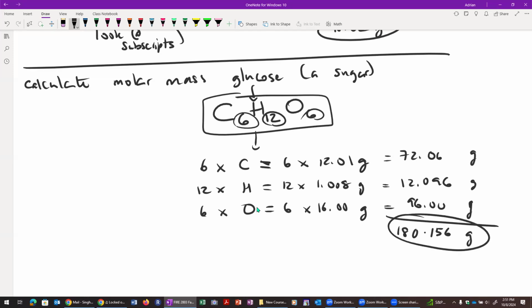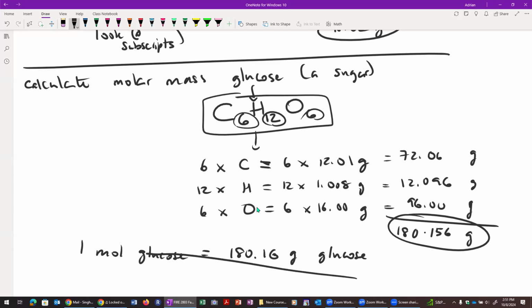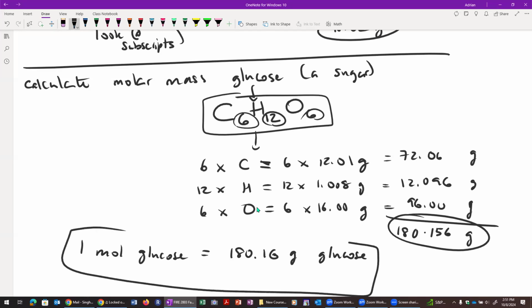So what this is saying is that 1 mole of glucose has a mass of 180.16 grams, rounded to 2 decimal places. And you can calculate the molar mass for anything. As long as you have the right formula and a periodic table, we can look up these values on the periodic table.